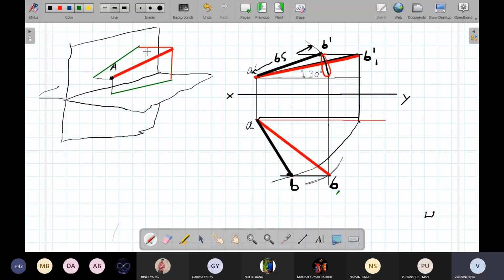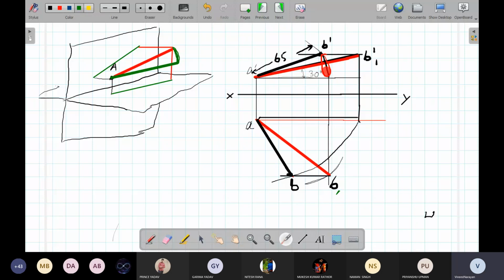So if I rotate this line like this, this is my rotation line, till it becomes parallel to the horizontal plane. So this is the line after rotation. This rotation is basically shown here.